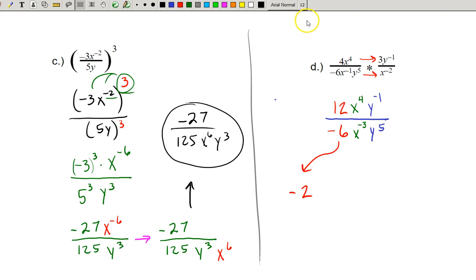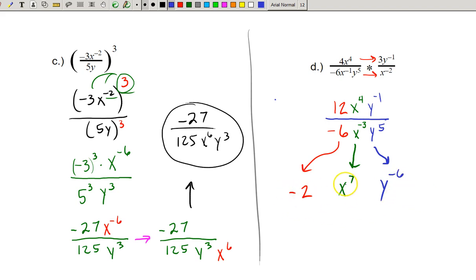If I take x to the 4th and I divide that by x to the negative 3, I know that when I divide, I have to subtract exponents. So this is going to become x to the 4 minus negative 3. So that's to the 7. Then I'm going to take my y's separately. And I'm going to have y to the negative 1 minus 5. So that's y to the negative 6.